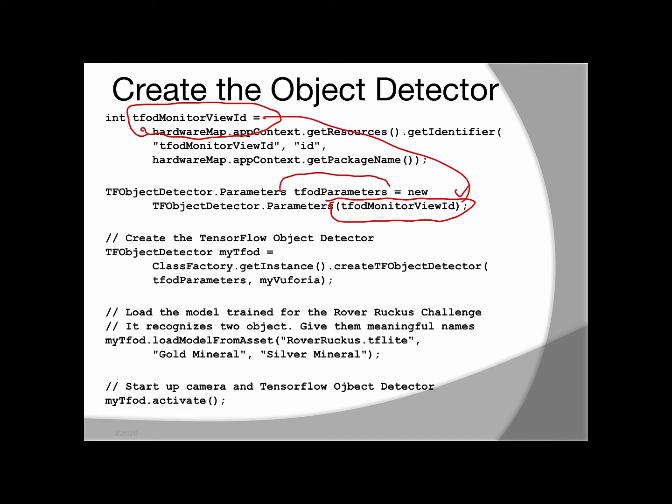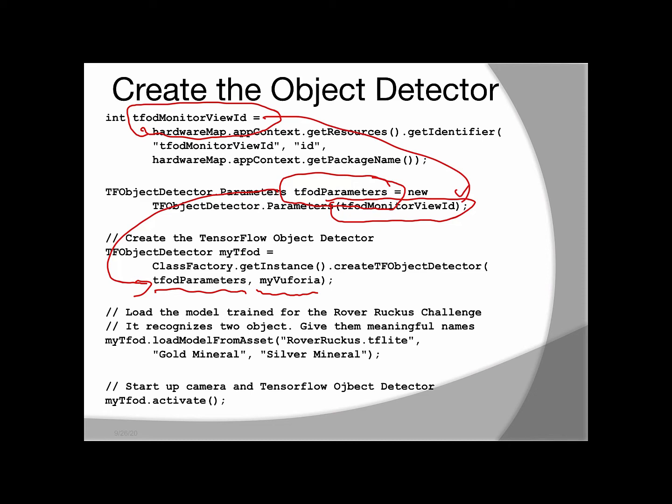And that parameter is going to be called TFOD parameters, or TensorFlow Object Detector parameters. That parameter is then used over here when we create the TensorFlow Object Detector. And another parameter is the Vuforia engine, which we created in the previous slide screen.